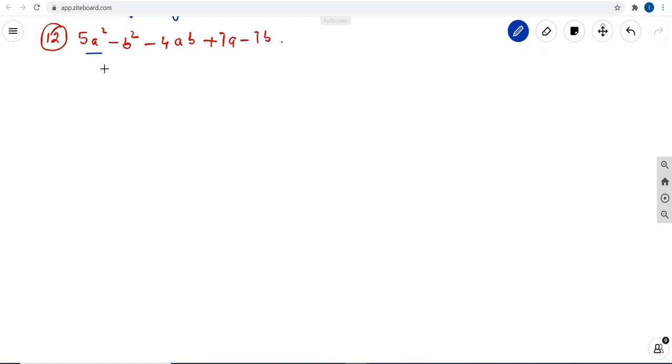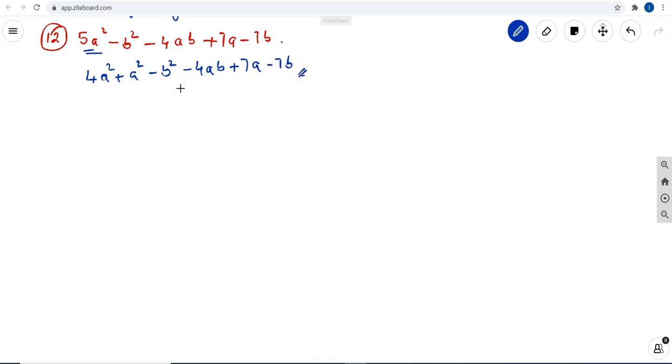So 5a square could be written as 4a square plus a square, that is 4 plus 1, you are going to get 5. The other things I'm going to rewrite as they are: minus b square minus 4ab plus 7a minus 7b.